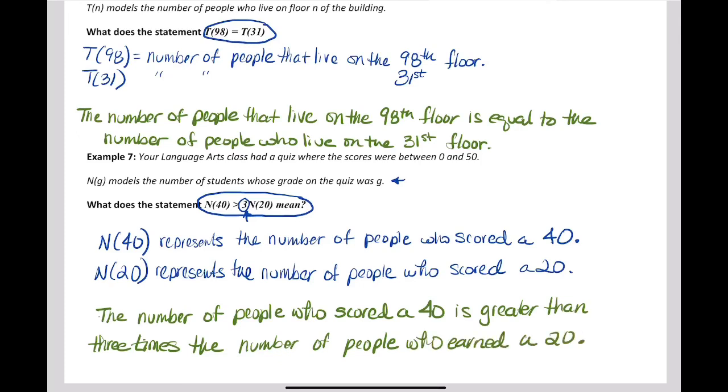So the number of people who scored a 40 is greater than 3 times the number of people who scored a 20.